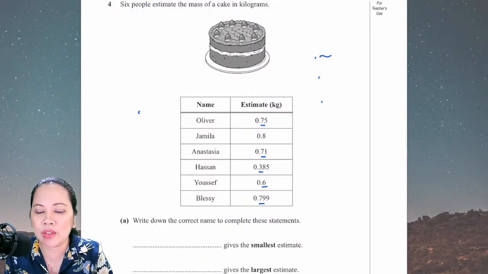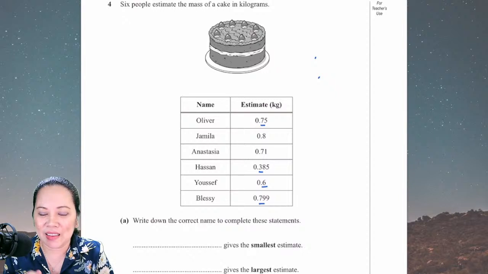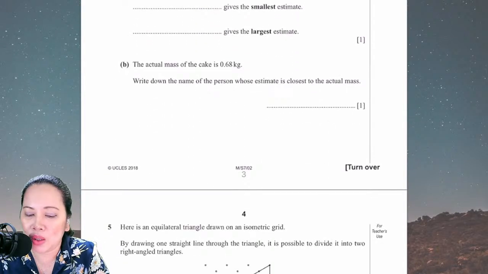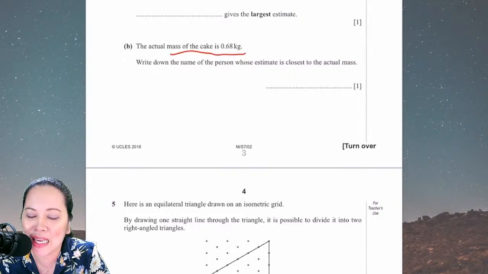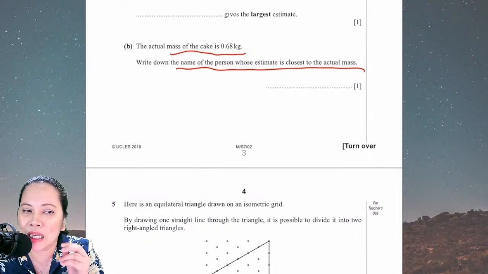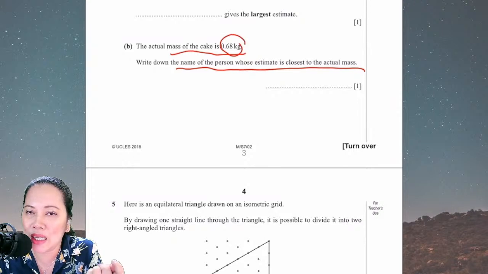Let's proceed to the next question. Okay. So the actual mass of the cake is 0.68. Write down the name of the person whose estimate is closest. All right? Closest to your actual mass. So 0.68, remember that.